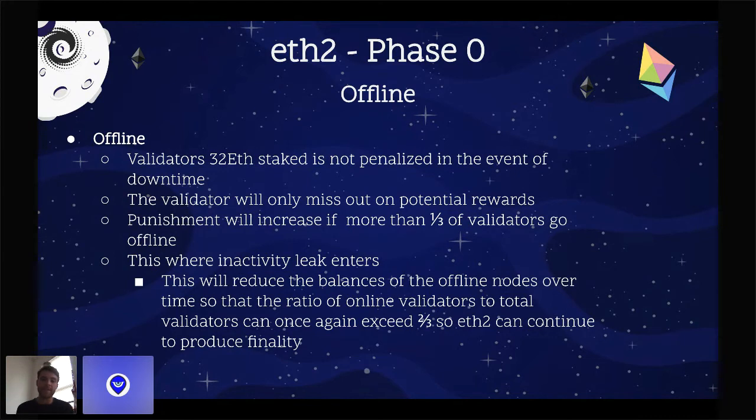So it can continue to finalize blocks, and the chain will not halt. It's a self-rebalancing mechanism where, if you are offline and there's a bunch of other people offline, there's the chance that you will be punished quite heavily, in an attempt to rebalance the system.